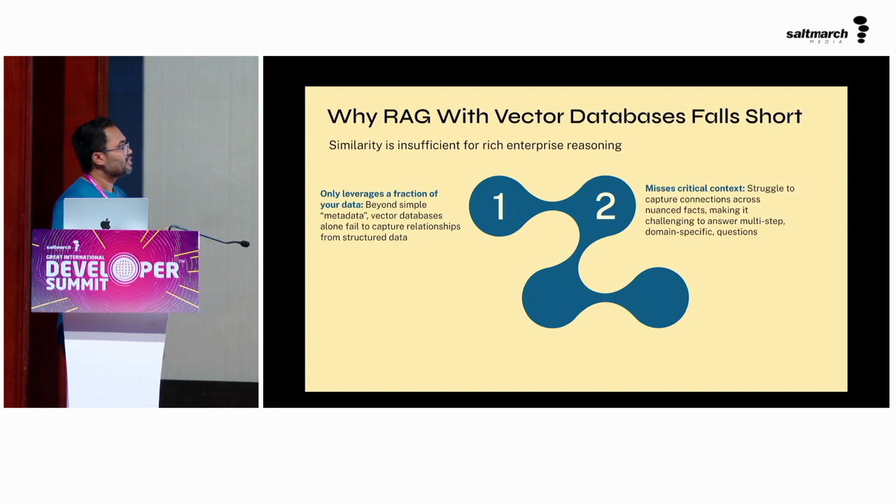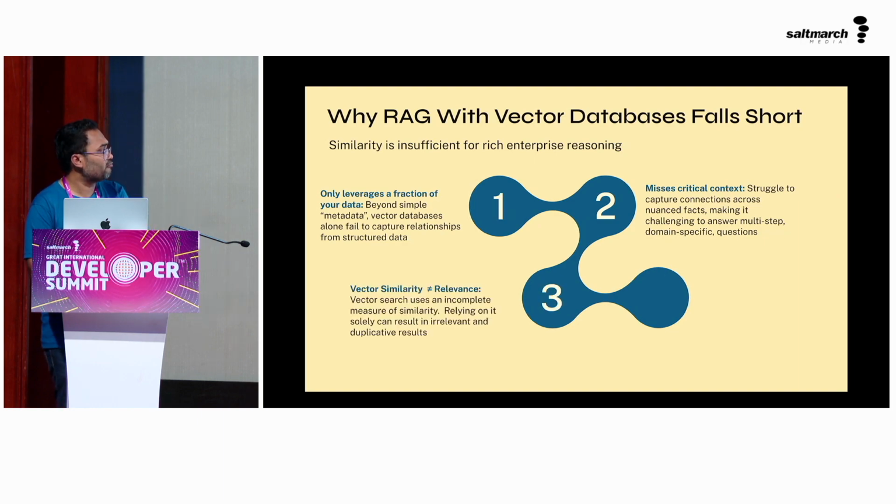Second is it misses the critical context, right? So if you don't have the right context within the database, besides the vector embeddings, your LLM application can significantly lag the accuracy which is required by bringing the right contextual richness of the data.